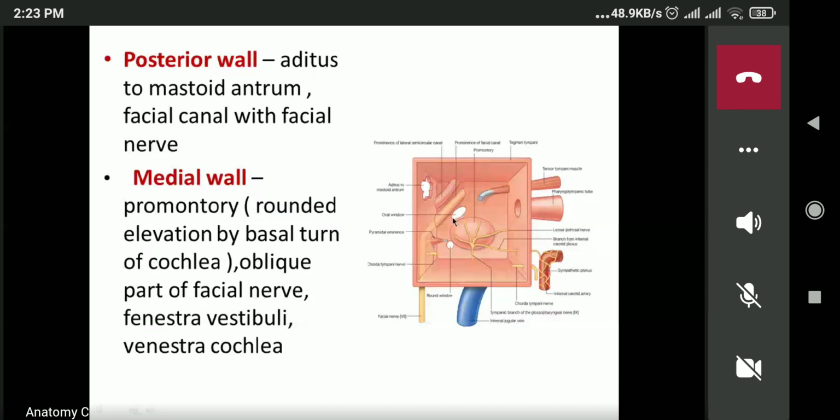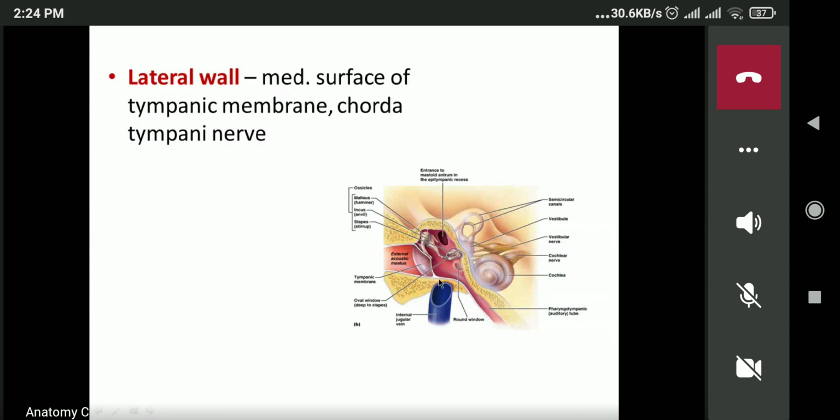Below and behind it you find another opening, which is rounded in shape, known as the fenestra cochleae. So these are the structures you find in the medial wall of the middle ear. All these are important, because they can be asked in SAQ.